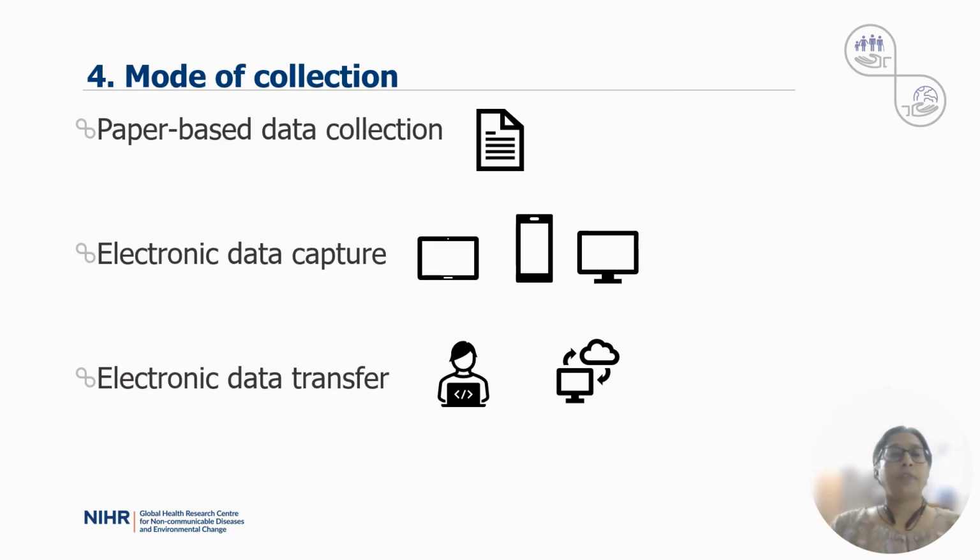So the fourth aspect is about mode of collection. Data can be collected in paper or in electronic data capture. If you collect your data in paper, then you will have to anyway transcribe it into an electronic format, which means there is a possibility for you to have another layer of error which can happen during transcription.